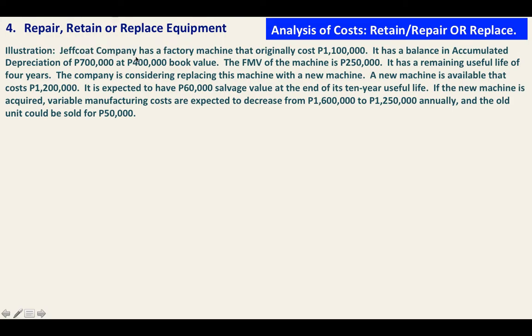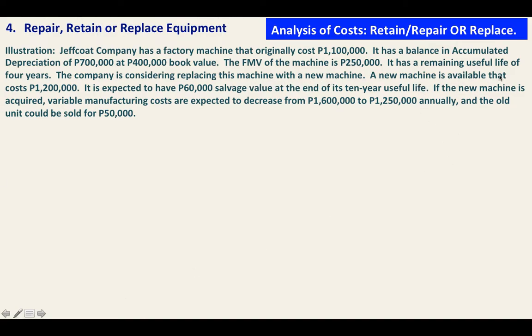Jeff Coat Company has a factory machine that originally cost 1,100,000. It has a balance in accumulated depreciation of 700,000 at 400,000 book value. The fair market value of the machine is 250,000. It has a remaining useful life of 4 years. The company is considering replacing this machine with a new machine.